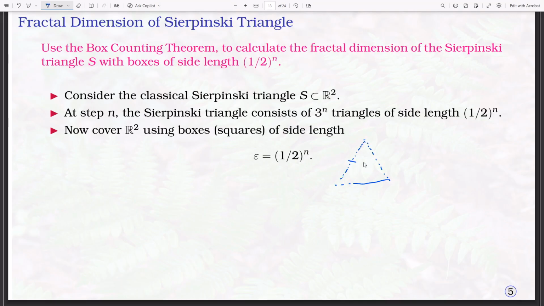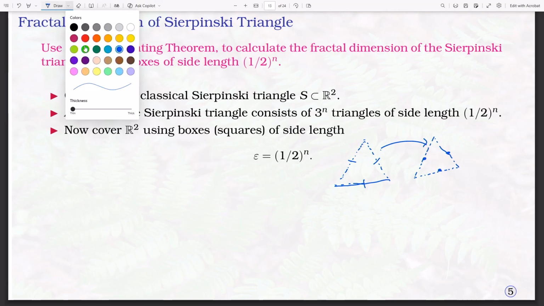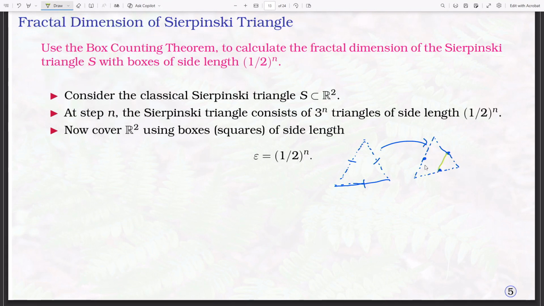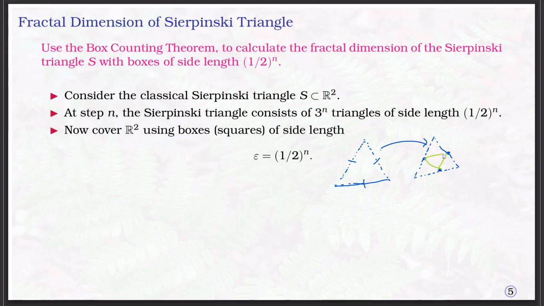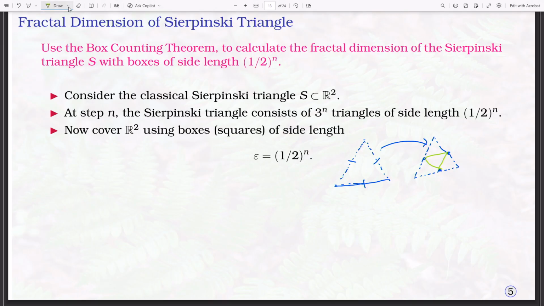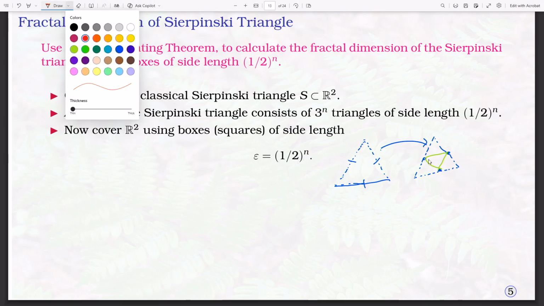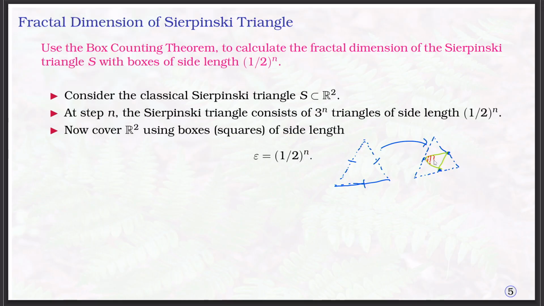We are dividing each side into 1 by 2 equal lengths. Then, instead of removing it, we join the midpoints, connecting the midpoints like this, and remove the interior, just the interior.